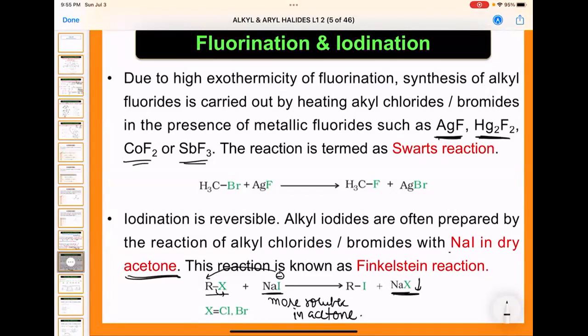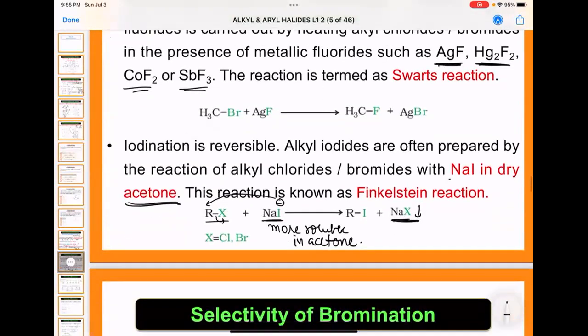Now the next thing is chlorination and bromination, both can happen, because they do not have any of the problems which we faced while doing fluorination and iodination, which were not happening directly.